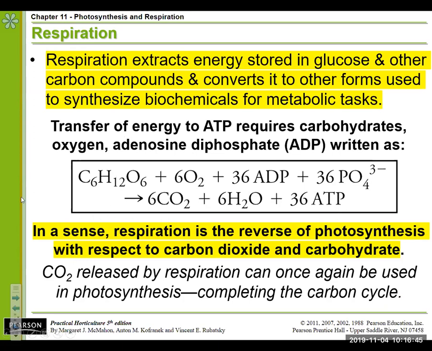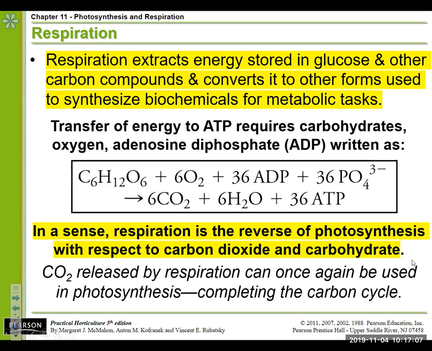So basically, respiration is kind of the reverse of photosynthesis in a way. We're doing the oxidation and the reduction simultaneously to move that energy. So in terms of looking at the carbon dioxide and the carbohydrate, it's reversing what photosynthesis is doing.